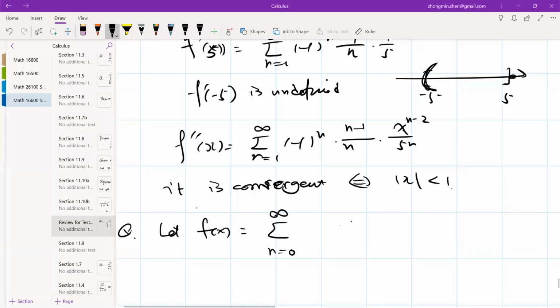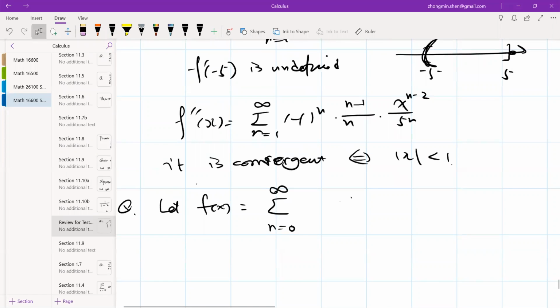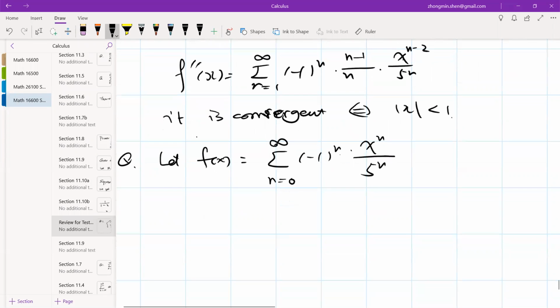Right. So if it's going to be negative n, let me repeat this again, 5 to the n, x to the n. Okay. Find the Taylor series for the function f.